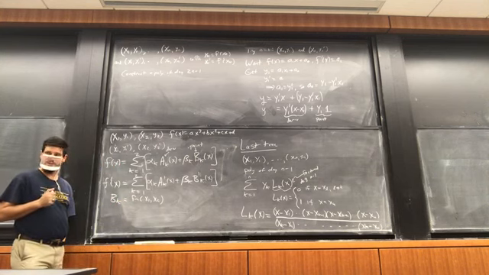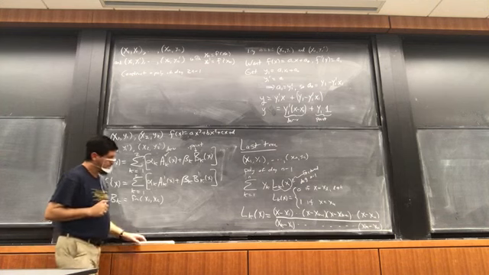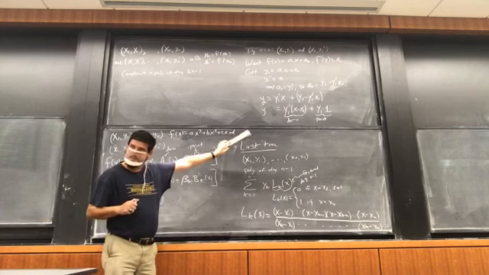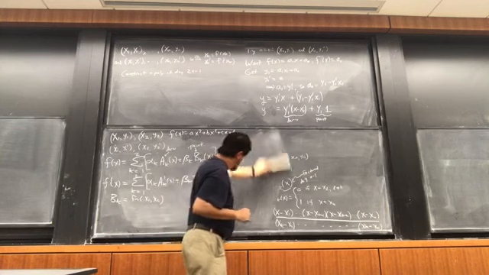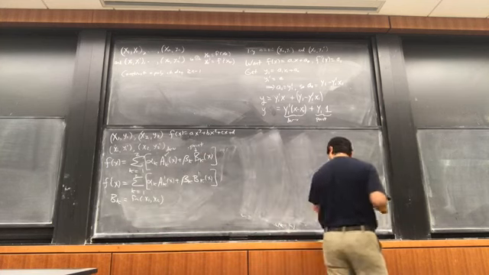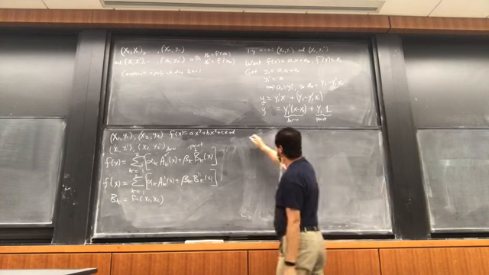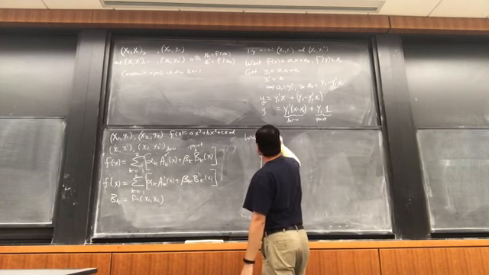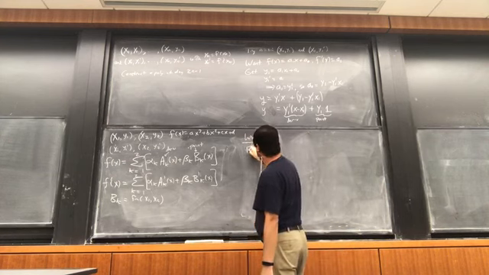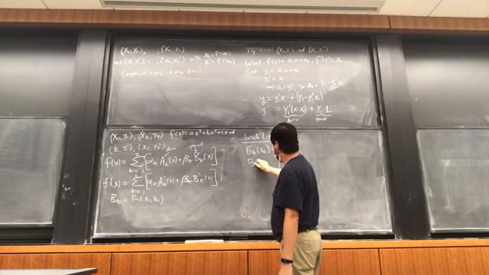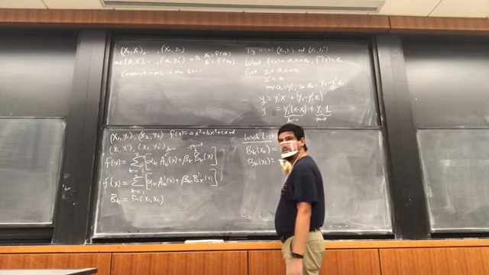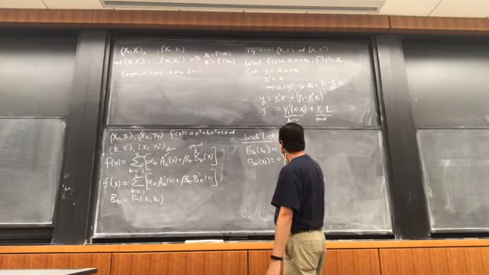So let's start making a wish list. Can I erase the stuff from last time? So wish list. What would you like bk of xk to be? 1. Yeah. And then bk of xl would be 0. And we'll always assume l is never k.